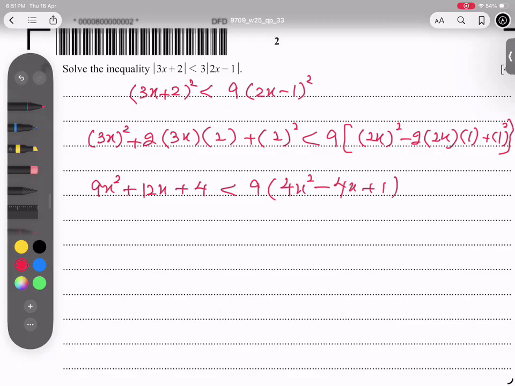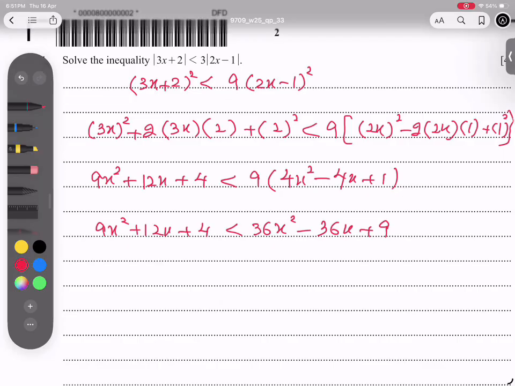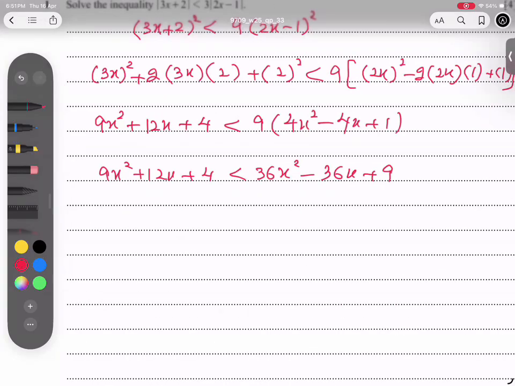So 9 multiplied inside, 9 4s are 36, and 36 and 9. So I bring this value here. When I subtract, I get 27, this comes here, plus 48x and minus 5.